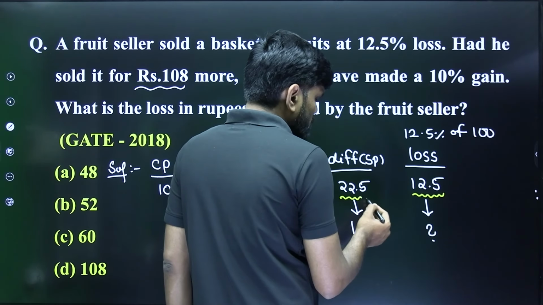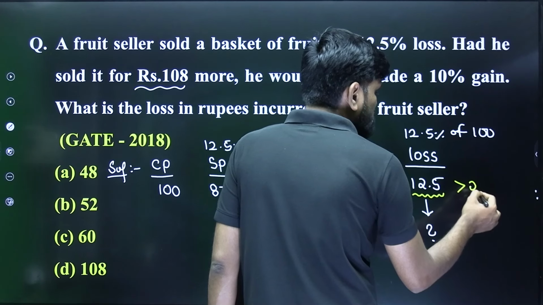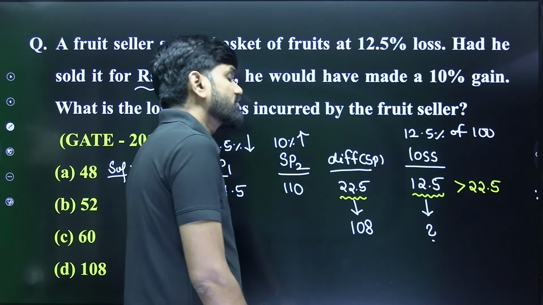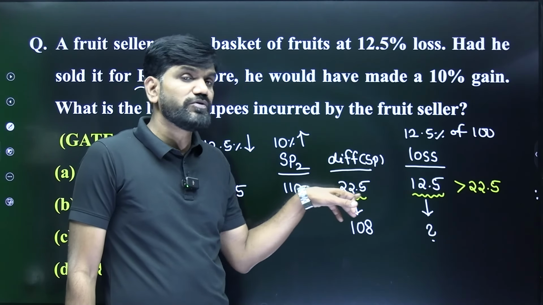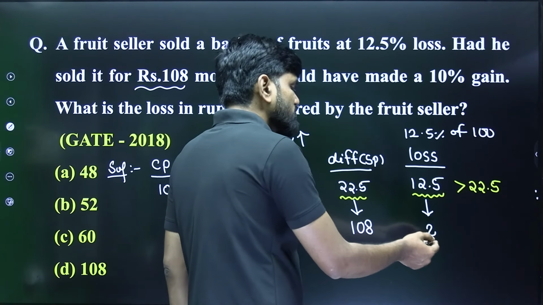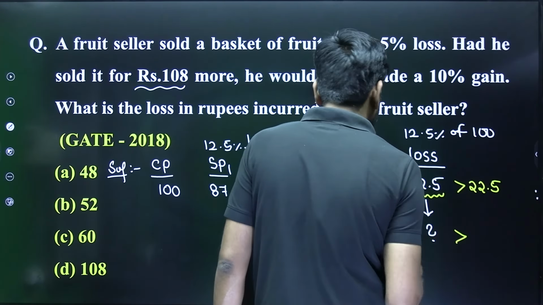I'm very much sure that this is more than half of this, because half of 22.5 is 11.25. Right? So I can say that this is more than half of 22.5. If this is more than half of this number, this should also be more than half of this number.